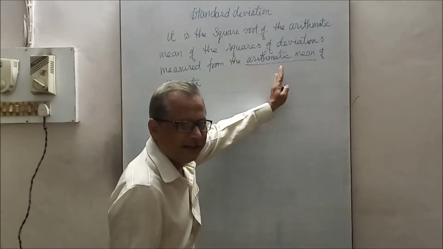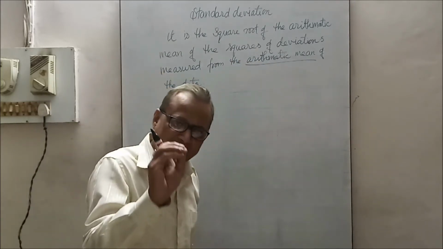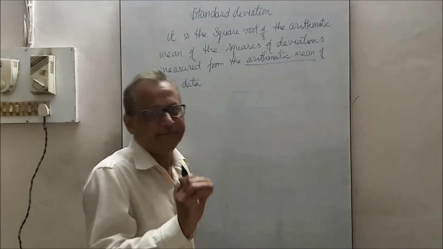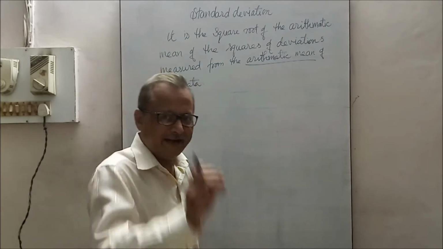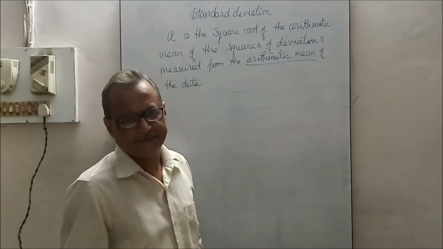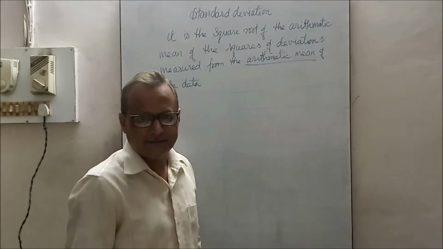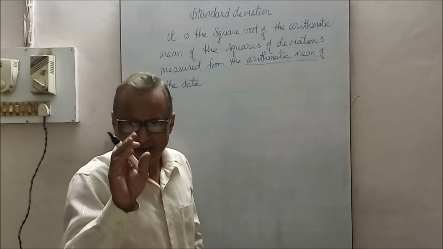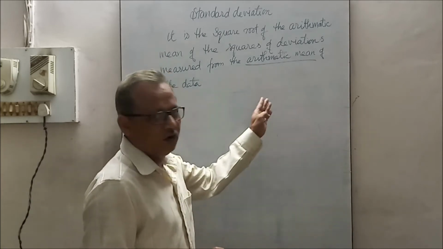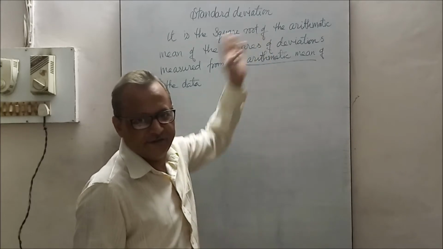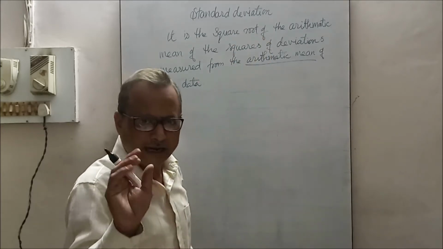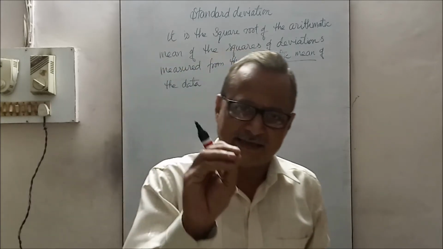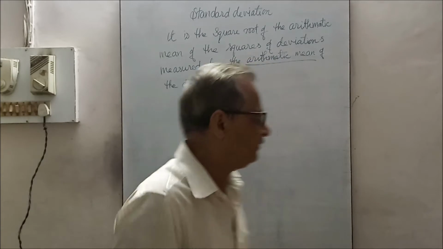After calculating it, we will find the deviation from the size of item, and then the deviations are converted to squares, and the total of the squares is divided by n, and then we take the square root. That is called standard deviation. Now see how to calculate the standard deviation in the different series, such as individual, discrete and continuous.